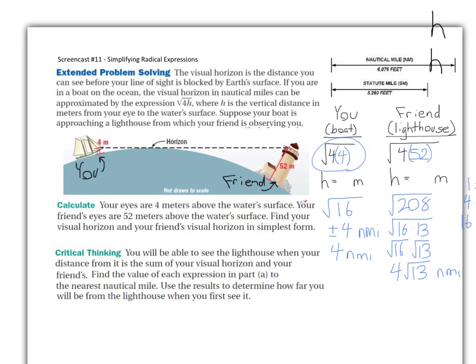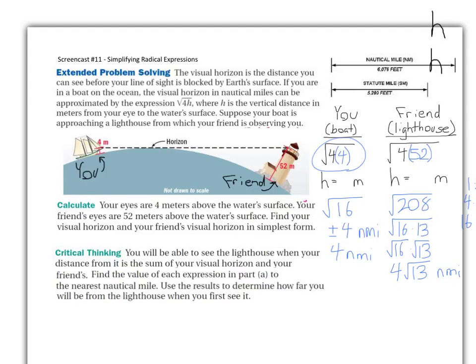So in other words, what we're saying with this visual horizon is the distance from you on the boat to this point right here where the Earth begins to curve and you cannot see past it. That's the visual horizon.